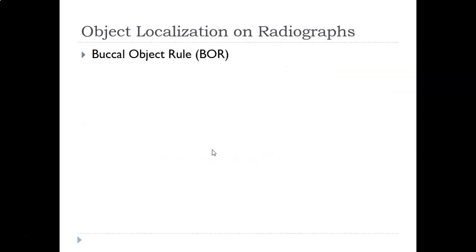So here, object localization on the radiograph. In your textbook, the chapter on occlusal and localization techniques, chapter 21, you may actually get more confused if you read it.